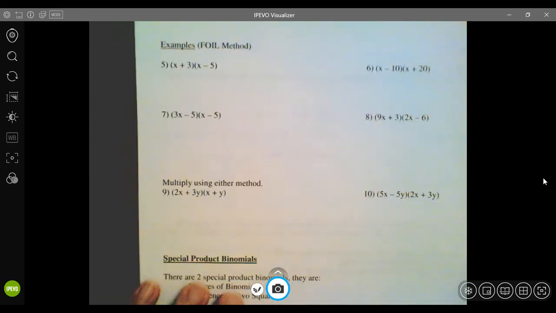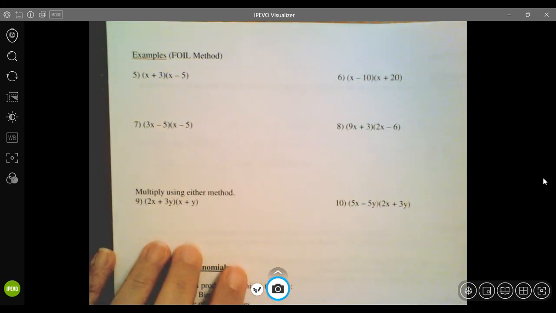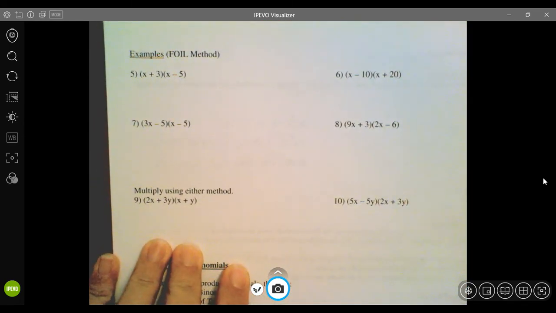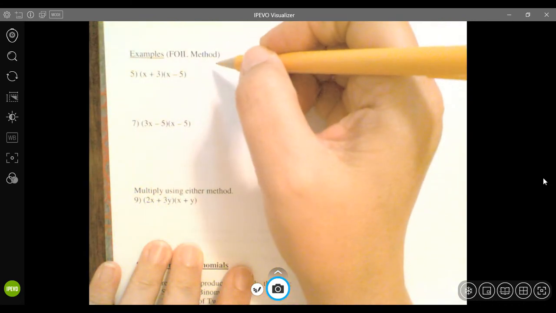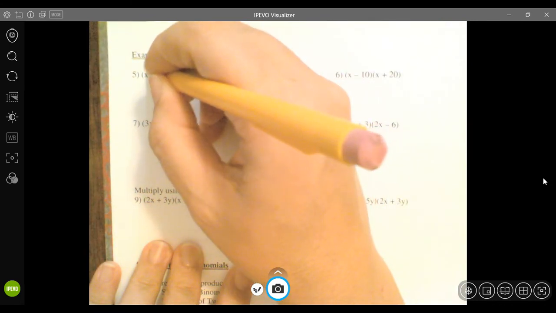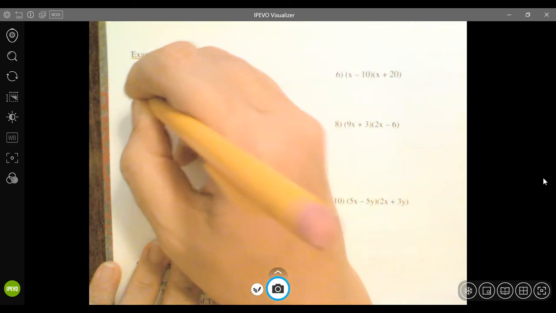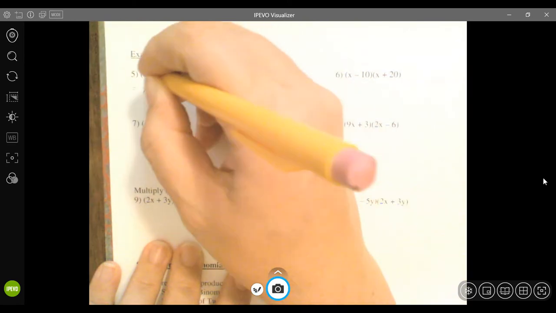I should have done the same problems that I did for the previous, so that you would see that you get the same answer. And I may do that next year, but I want to get a nice mix of everything. All right, so here we go. And again, I draw. First, outer, inner, last. So first times first gives me x squared.